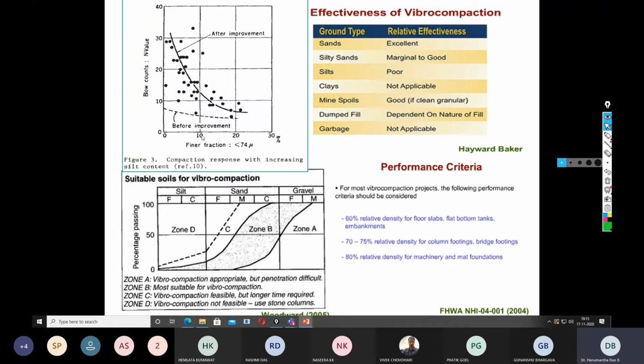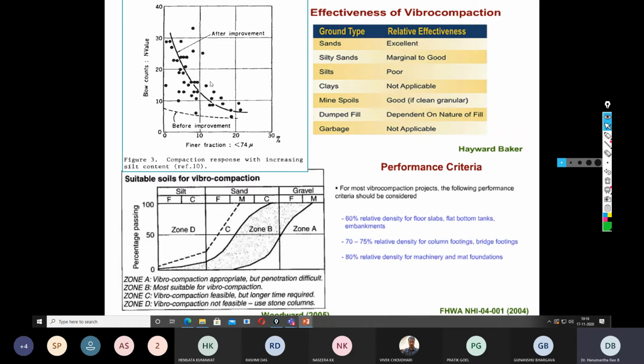As you can see, when the fines content increases above 10%, there is a drastic decrease in the SPT N value, and you can see only a marginal difference in the SPT value before and after improvement. If you recall, during the dynamic compaction we discussed that to ascertain a significant degree of improvement, the SPT value should be above 20.